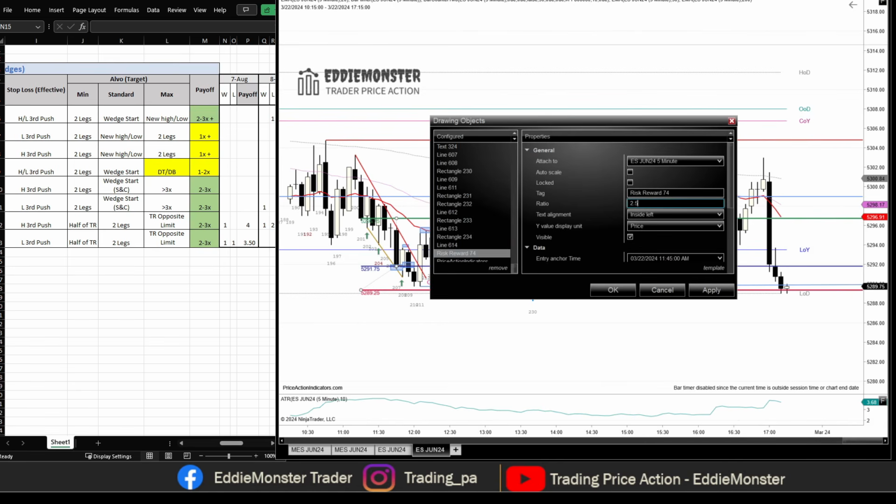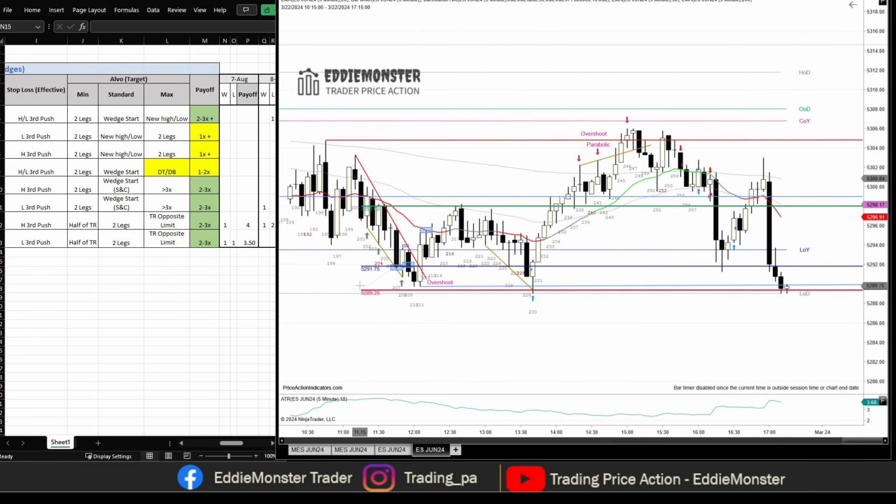You get 2.5 times your effective risk. Even if we put it here, it would be even 3, but let's set it here, some ticks below. 2.5X, so more than 2.